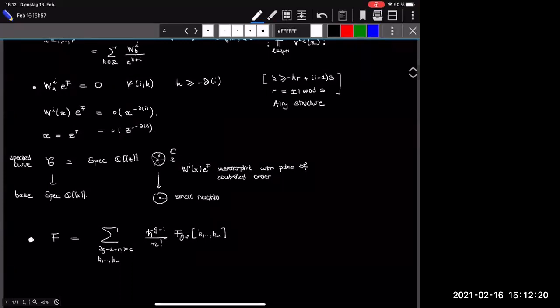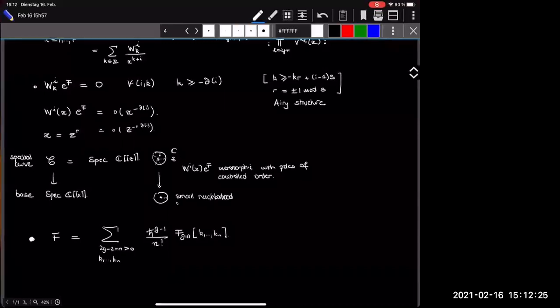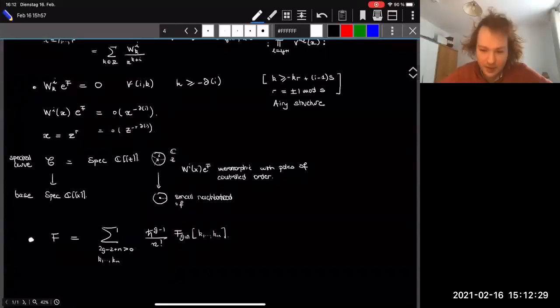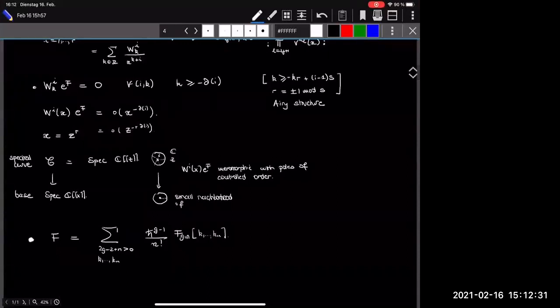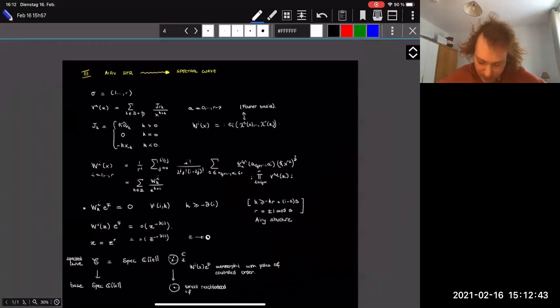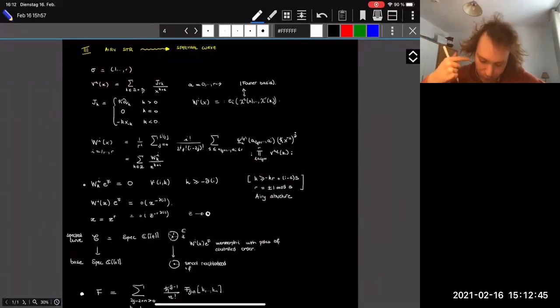I guess I'm always a little uncomfortable with this local global business. So when you say that it's meromorphic with poles at zero, particular order, are you only speaking about those poles which are somehow in a neighborhood of zero? Yes. I don't see the global local transition. So far, I'm explaining how to attach a spectral curve, which is going to be a local spectral curve, to an Airy structure.